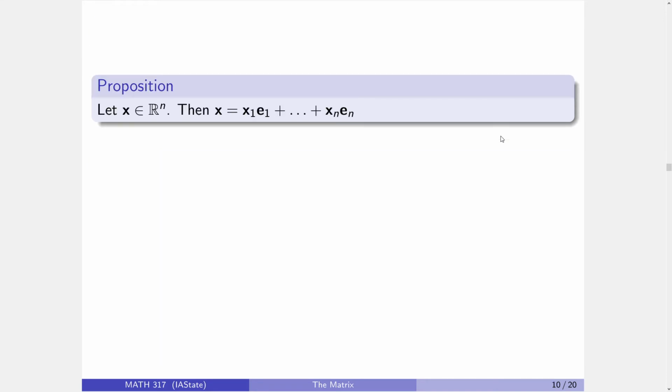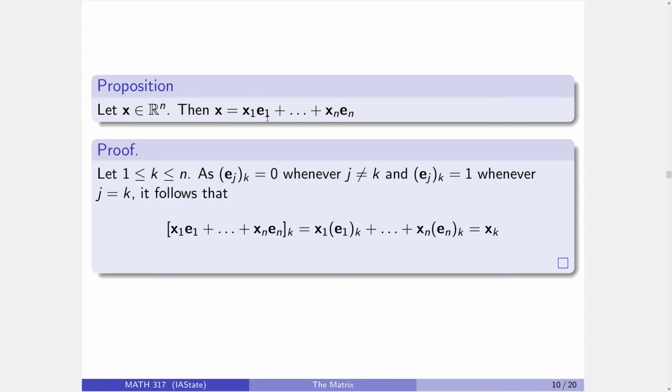Now, something the standard basis elements do is that they allow us to write any vector as a summation. Specifically, every vector can be written as a summation of scaled standard basis elements. And again, this is just invoking the fact that if I look at the kth entry of the jth standard basis element, the kth entry is 0 when k is not equal to j, and it's equal to 1 when k is j.